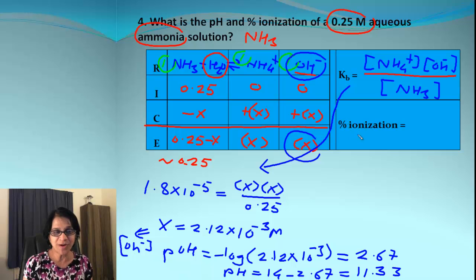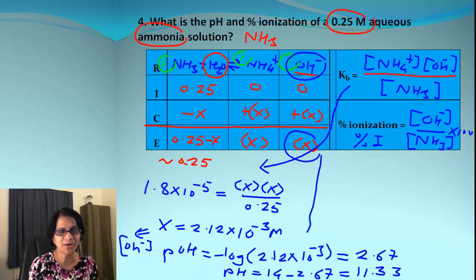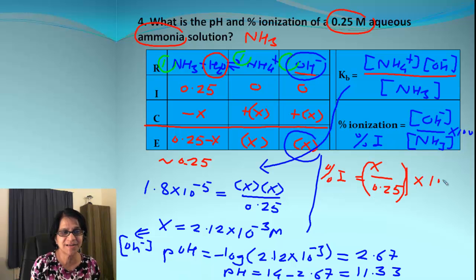Alright, let's move on to find the percent ionization, and that is going to be hydroxide divided by ammonia times 100. So what exactly is that value? That will be X divided by 0.25, times 100.